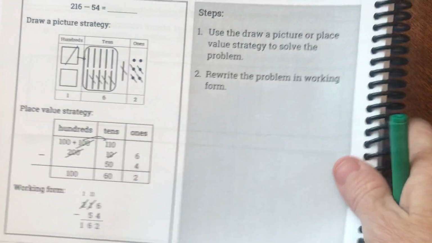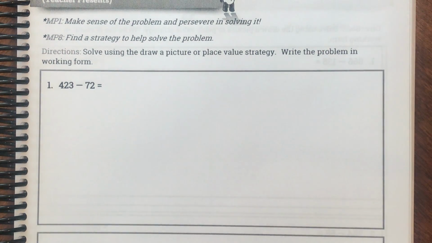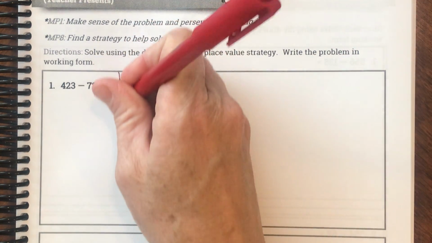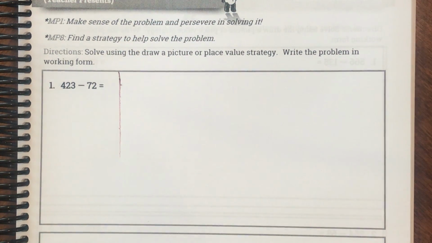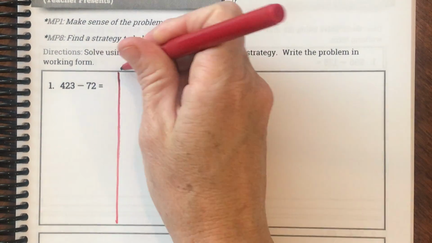Okay, so I'm going to get started on my examples. Here's my first problem. My first problem is 423 subtract 72. Okay, so I'm going to first use the draw a picture strategy. Ooh, that's not a good red marker. Let's grab a different one. Okay, I'm going to do the draw a picture strategy.